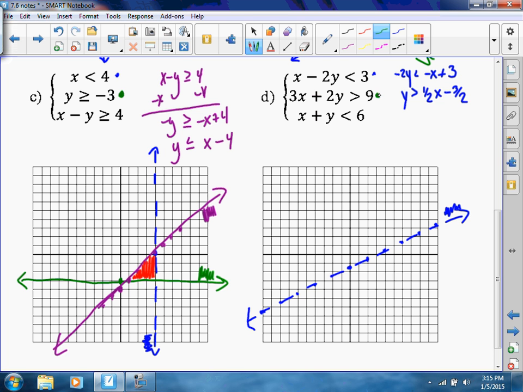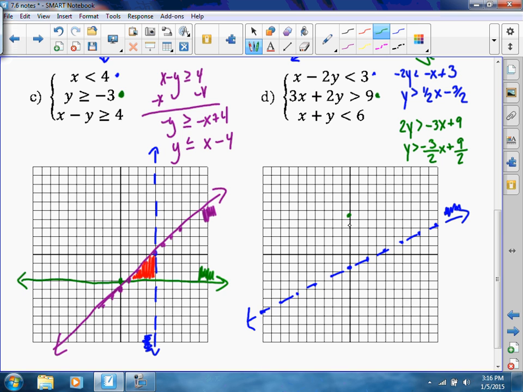Okay, my second line here, the green line, I'm going to have to subtract the 3x, so that'll be 2y is greater than negative 3x plus 9. And I'm going to have to divide everything by 2. So negative 3/2 x plus 9/2. Oh my goodness, more irritating fractions. But again, remember 9/2, that's 4.5. So I'm going to go up to 1, 2, 3, 4.5.